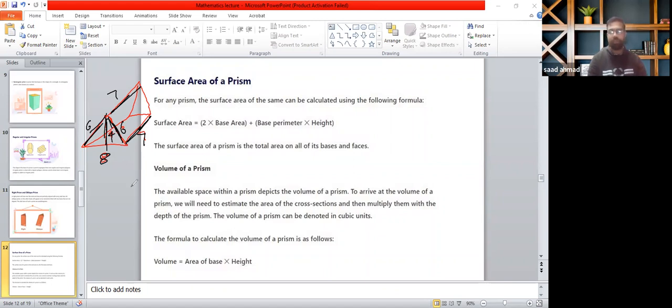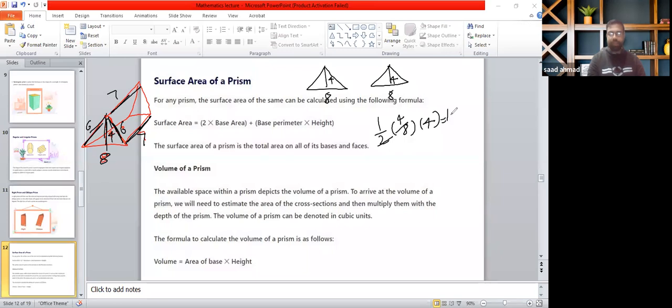triangular prism. So what we need to do is, we have 2 bases. There are 2 base faces, 2 triangles. One has base 8 and height 4, like this. We can find their areas by using the triangle formula, 1/2 times base times height.